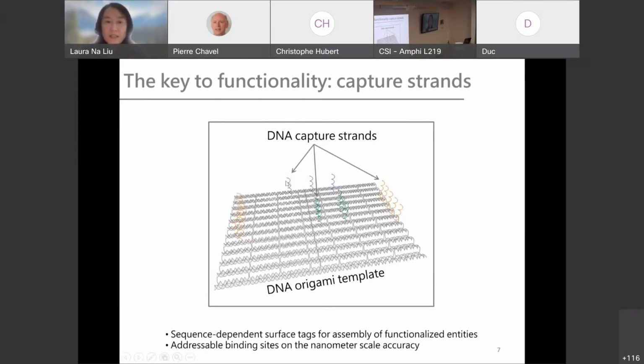They can be attached very accurately at these capture strand sites with nanometer scale. The important fact is that we can design DNA origami in 3 dimensions, so we can also make very arbitrary 3-dimensional origami structures.